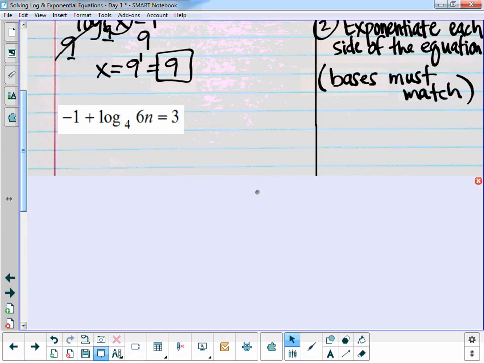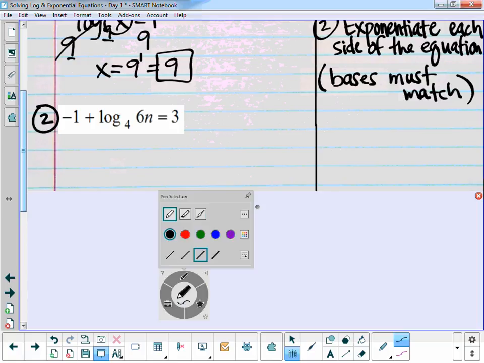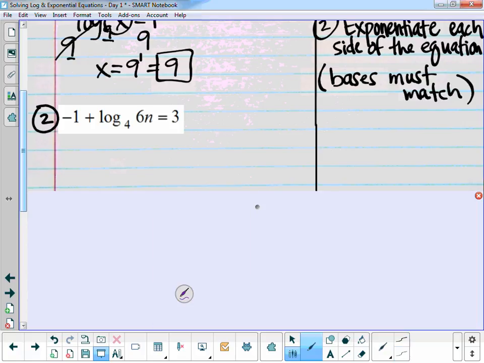-1 plus log base 4 of 6n equals 3. So here's our logarithm that we need to get alone. So we need to isolate that logarithm. What should we do first?